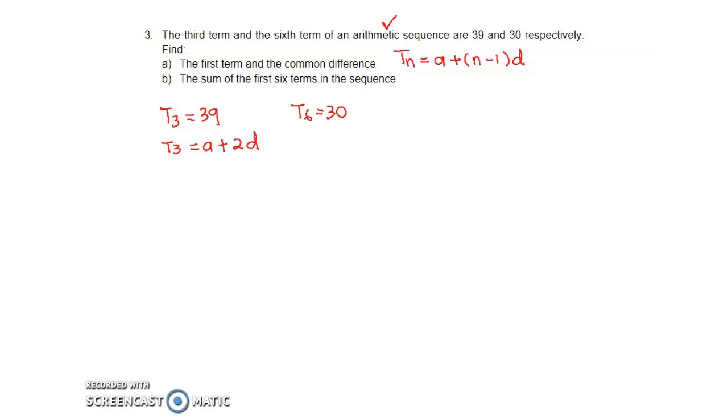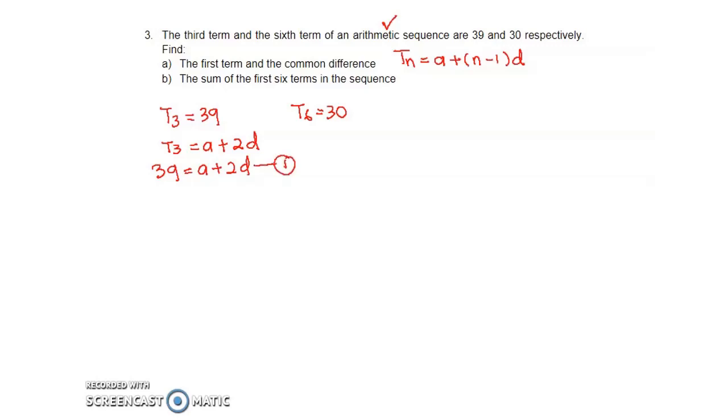How do we get 2D here? n minus 1, where n equals 3, so 3 minus 1 we get 2. We know that T3 is 39, so we can write 39 equals A plus 2D. Let this one be the first equation.